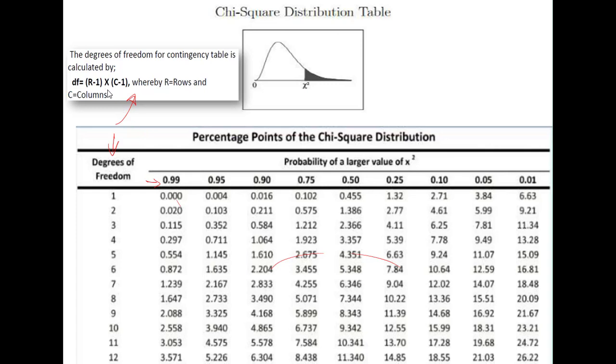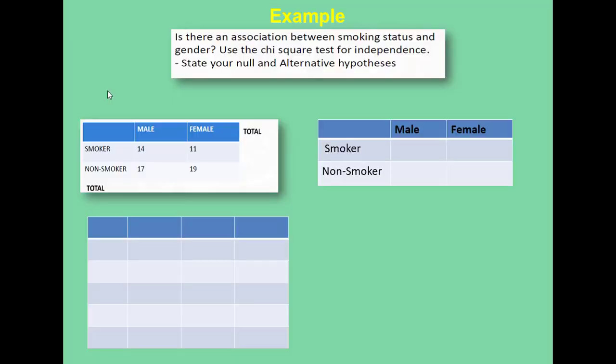Here we take into consideration the rows and the columns, and the degrees of freedom formula says the number of rows minus 1 times the number of columns minus 1. That's the degrees of freedom when you are using the chi-square distribution.